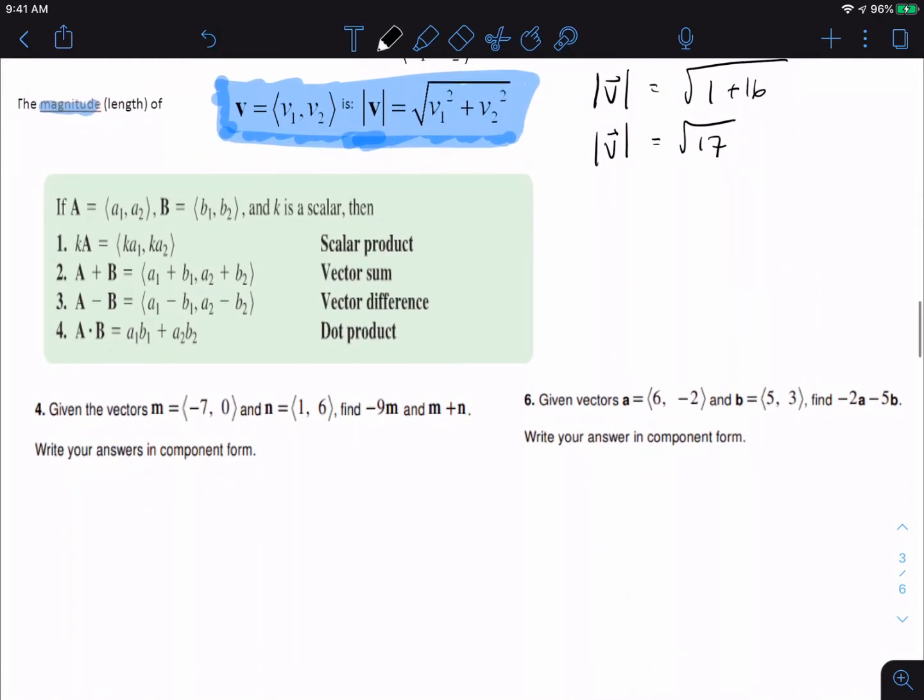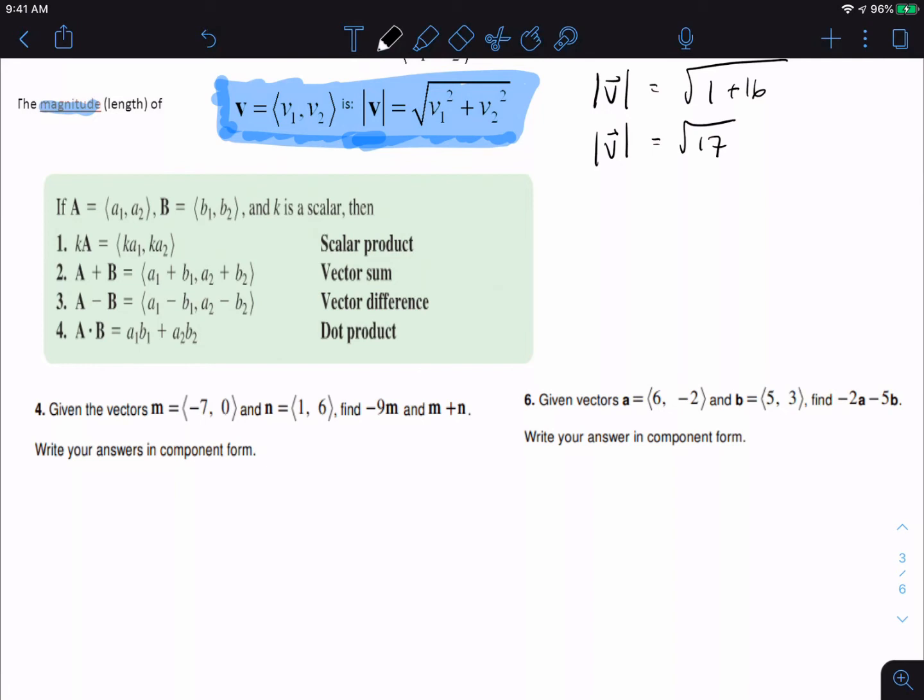This green box that I have here too is an important one for you guys to know. And I'll do all of these for you in just a second, but it's important for you guys to know. All right, so number 4 here says we have a vector m, which is negative 7 comma 0, and a vector n, which is 1 comma 6. And they want us to find what negative 9m is.